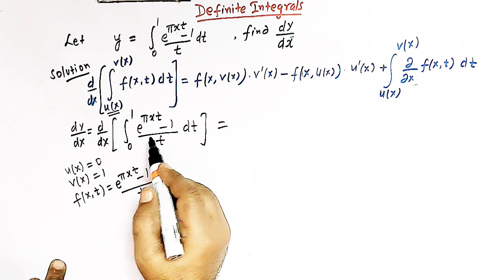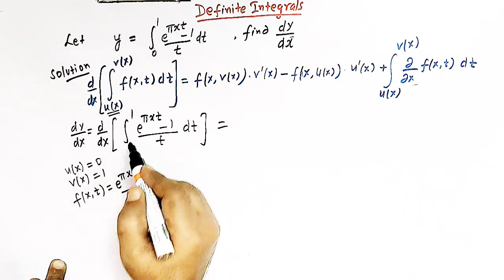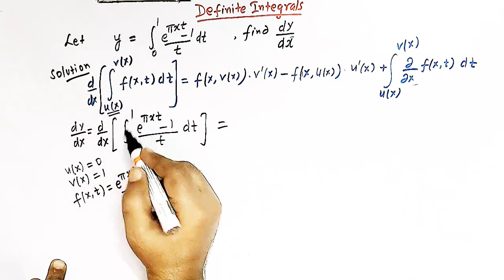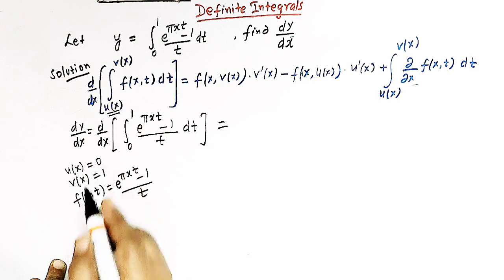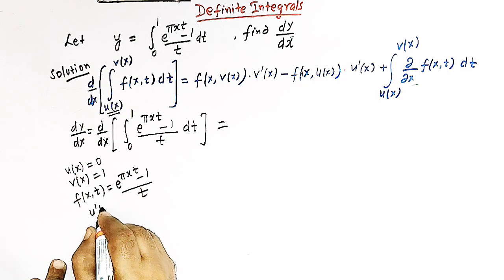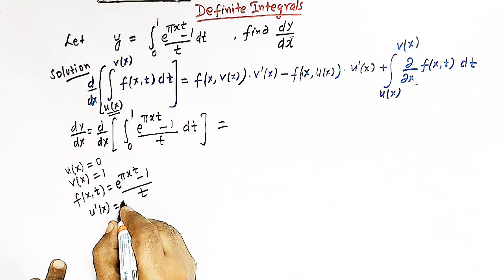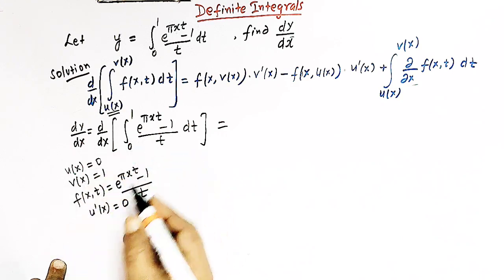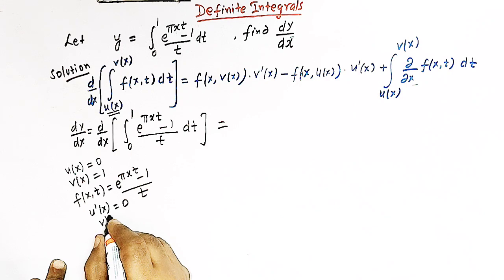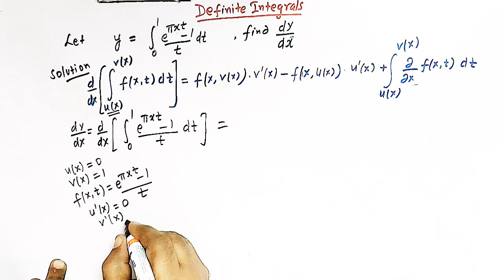And here it is important to note that the limits of integration are constants, right? So u of x is equal to 0, so the derivative, that is u prime of x, should be equal to 0, and v of x is equal to 1, which is again a constant, so the derivative of v of x is also equal to 0, right?